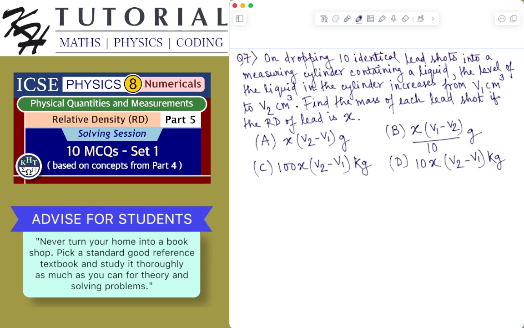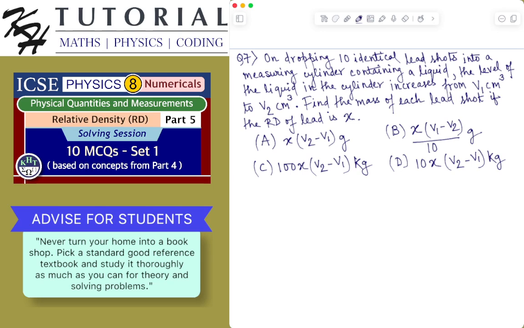So when 10 identical lead shots are dropped in a measuring cylinder, definitely the reading in the measuring cylinder will increase by a volume equal to the volume of the 10 lead shots.